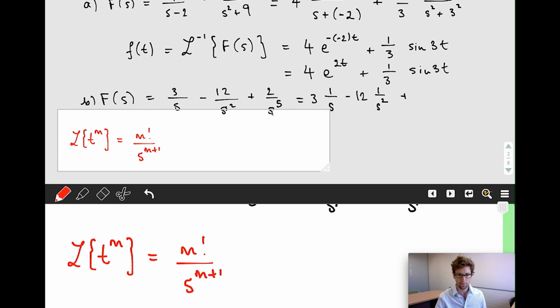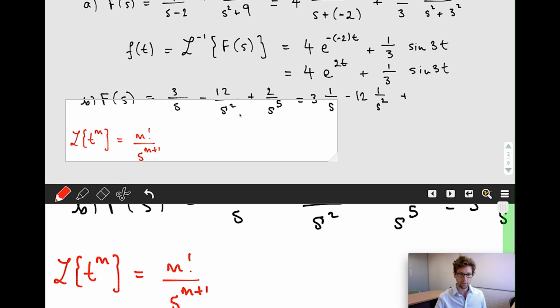It was 2 over s to the power of 5. So you can see by comparing the powers, I've got s^(m+1) and s to the power of 5, so these two are going to give us that m is equal to 4. I don't have that 4 factorial on top, so I'm going to have to stick that in by, again, multiplying and dividing.